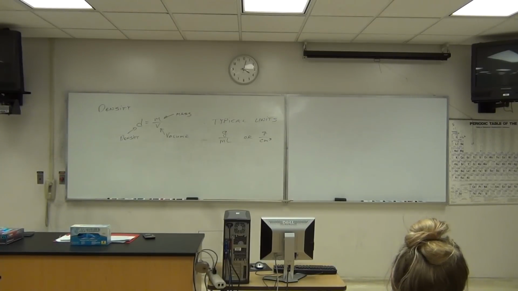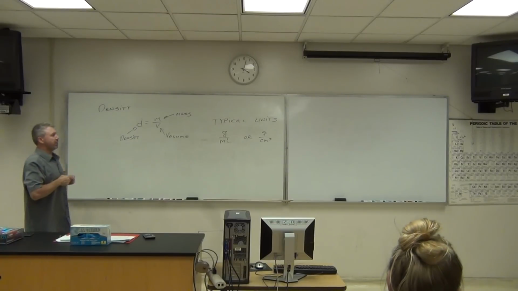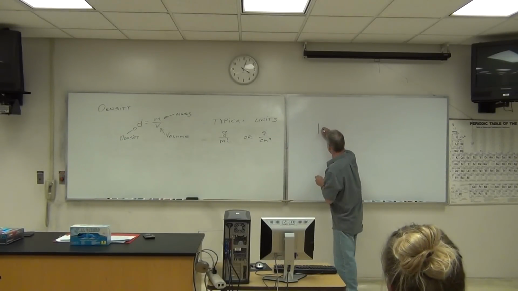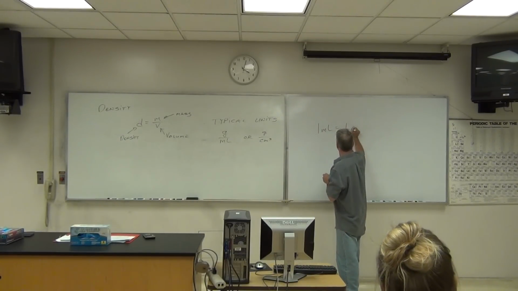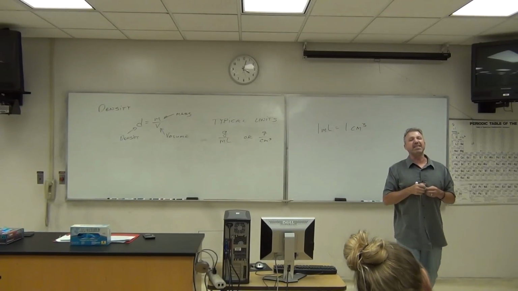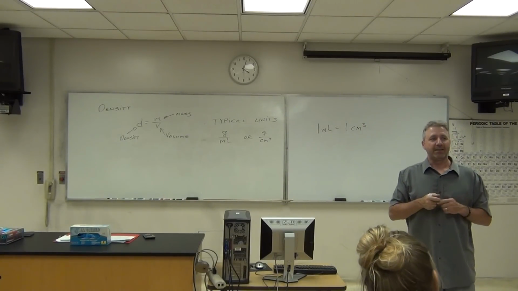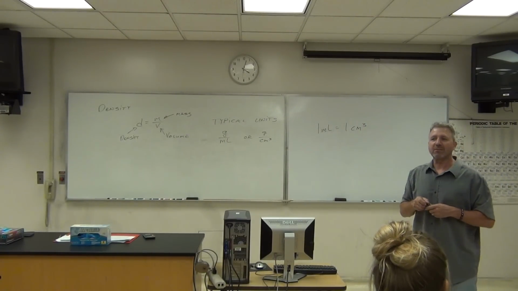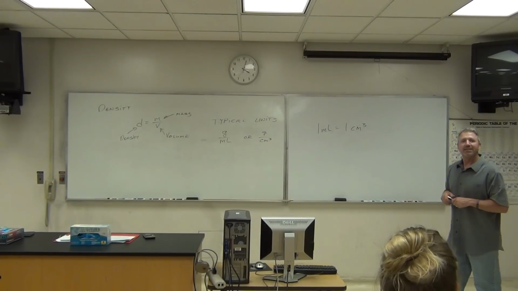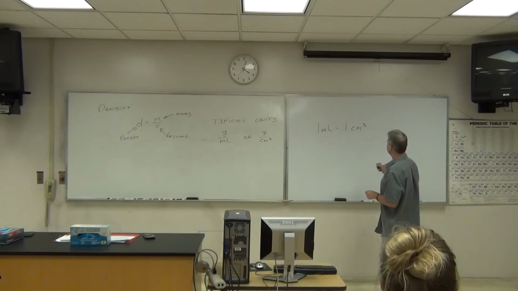These are typical units. And it will tell you that 1 milliliter equals 1 cubic centimeter, cc. You ever hear that on the TV shows? Give him 32 cc's of epinephrine in his heart. He's going to die. cc is cubic centimeter.